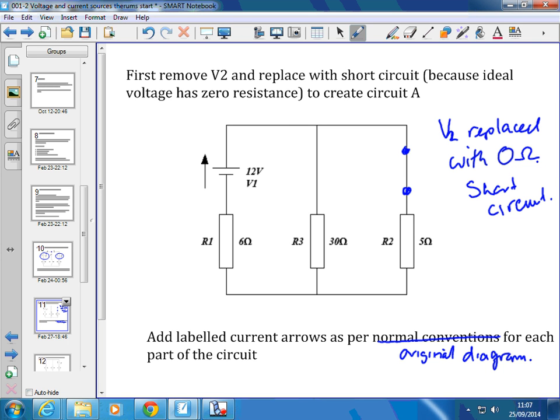The original diagram had I1 going there, I3 going down there, and it had I2 currently against what we would normally expect for just a resistor in that direction, but we're going to keep them the same as we put on the original diagram. Yeah?